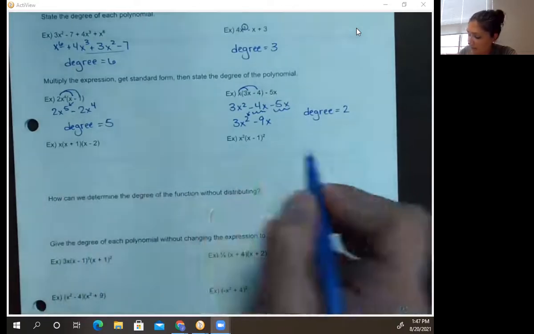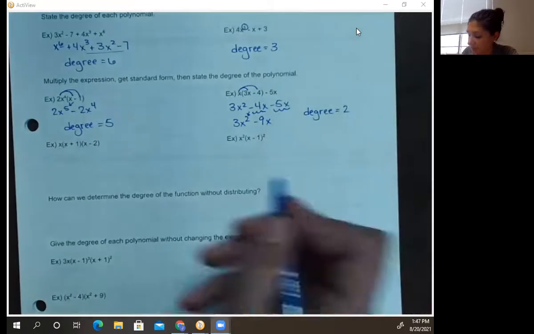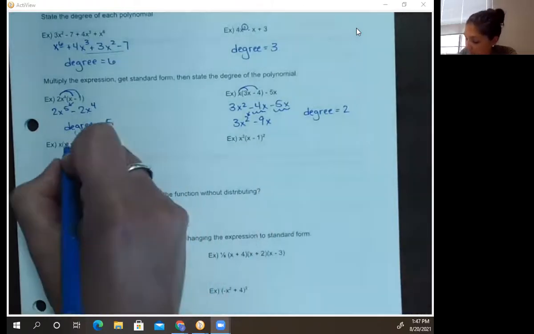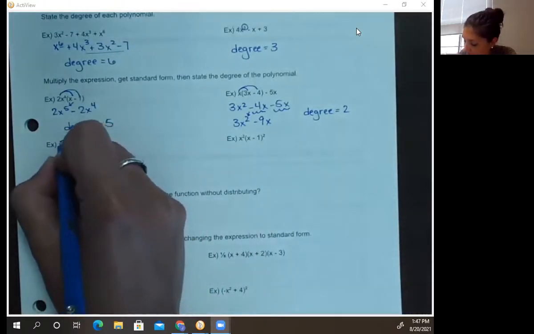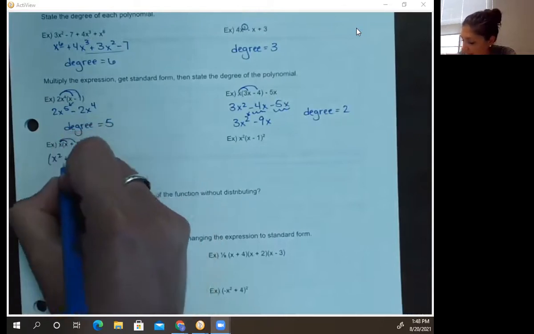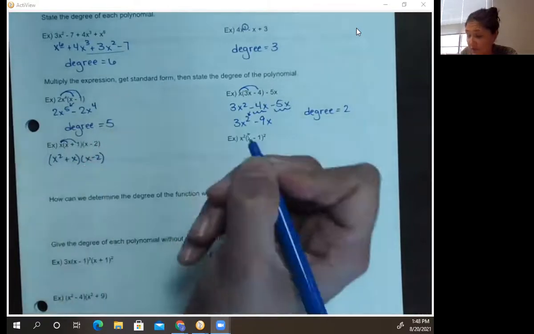Now for our next two examples, we've got a little more multiplication that we'll need to do. So I've got 3 terms to multiply here. Remember, we only multiply 2 things at a time. So I'm going to start by multiplying these first 2 terms. So this would be x squared plus x, or 1x. And now I'm going to take this and multiply by my last term. Again, we're distributing.